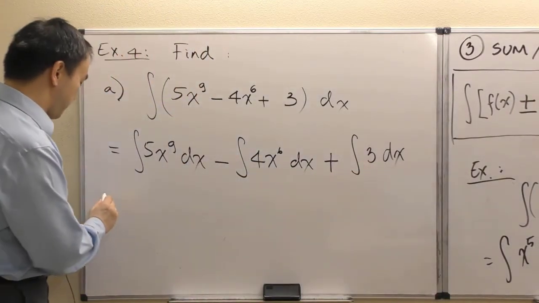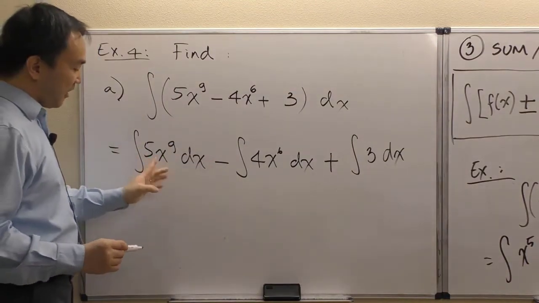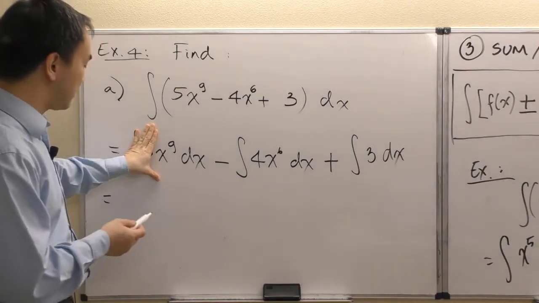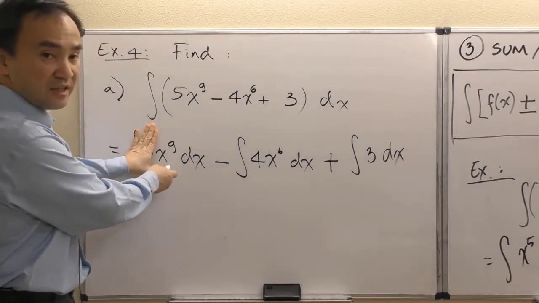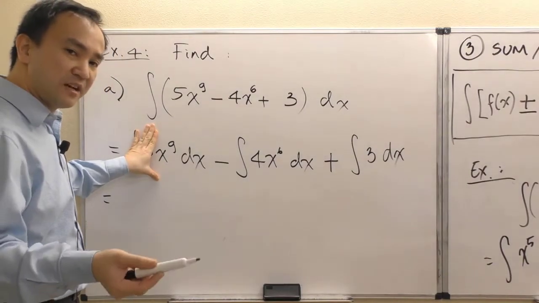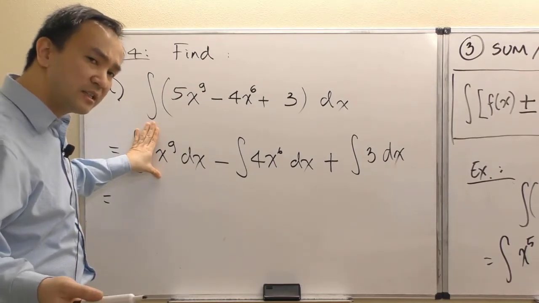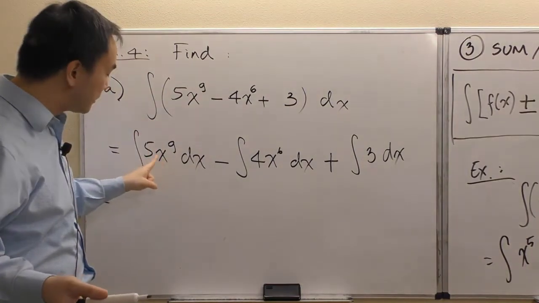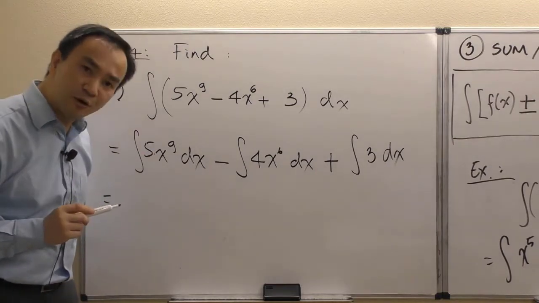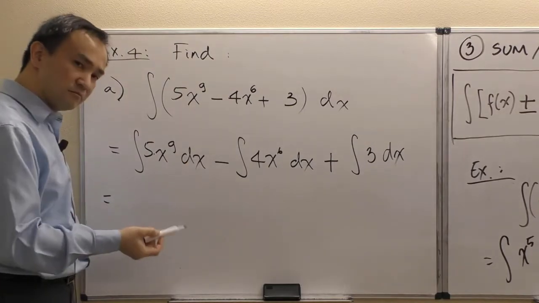Now looking back at the very first term, we have already learned how to use the power rule on the antiderivative of x to the 9th, so we should be able to take care of that easily. But this is not only x to the 9th, it's 5 times x to the 9th, meaning we have a constant coefficient 5. So with the first term we can advance a little further.